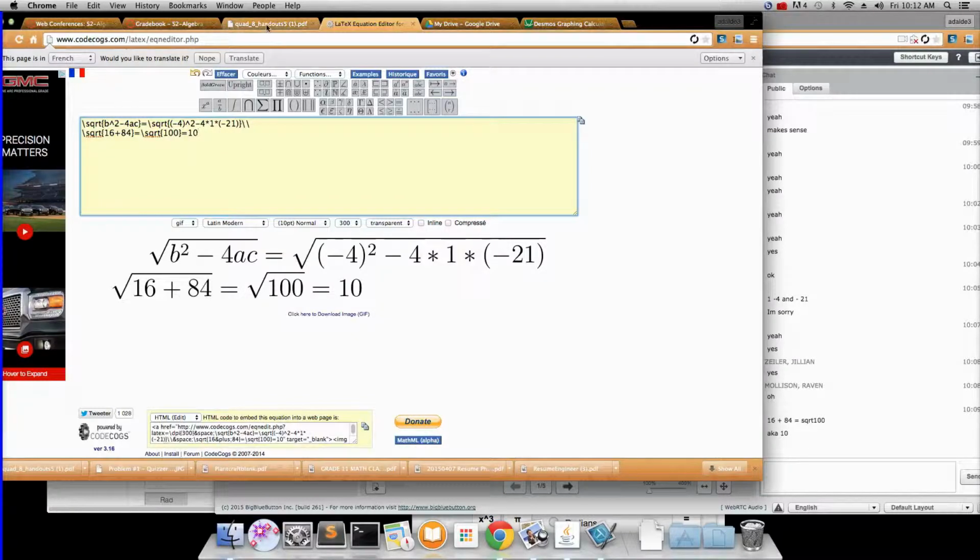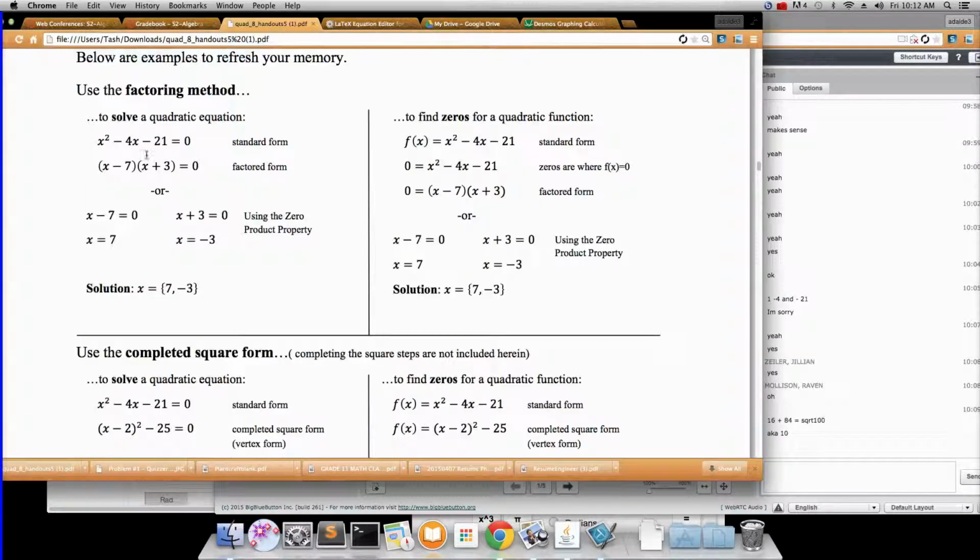And if you look right here, they factored it in the next step: x minus 7, x plus 3. Does negative 7 times 3 give me negative 21? Check. Does negative 7 plus 3 give me negative 4? Check. So this problem was actually an easy problem that we made look hard because we used the quadratic equation.